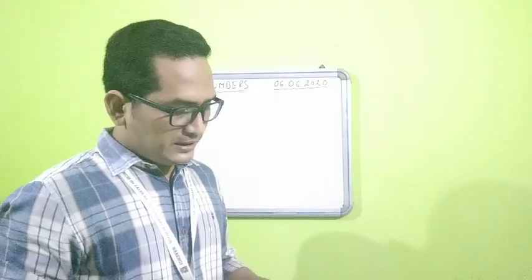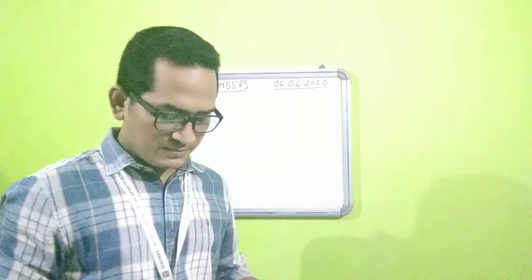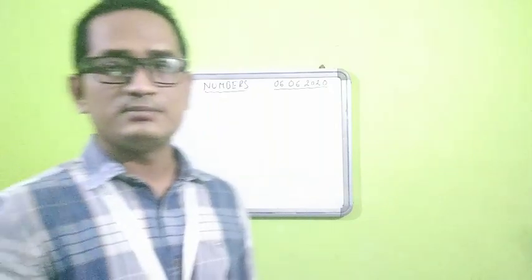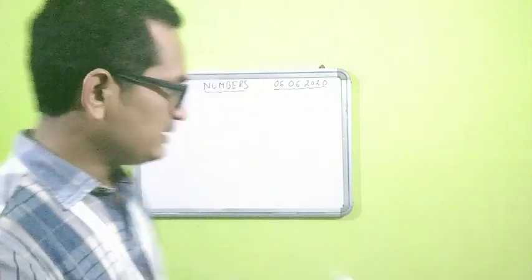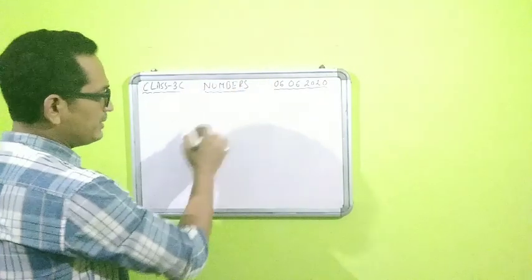Now students, already we have discussed the greatest 4-digit number and the smallest 4-digit number. Now the next part will be how to read and write a 4-digit number. Fine. So let us say we will make the house first.